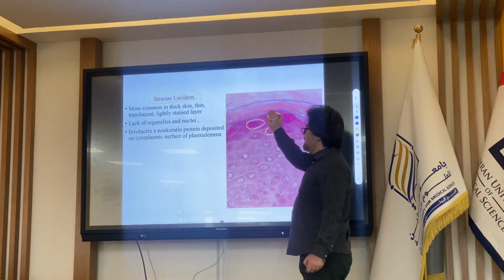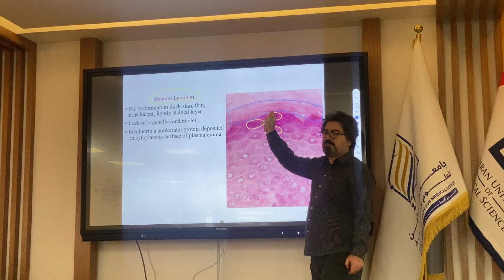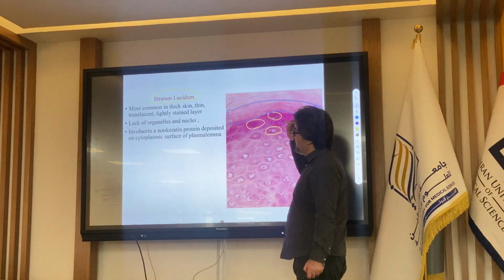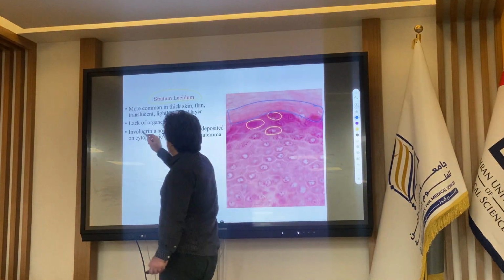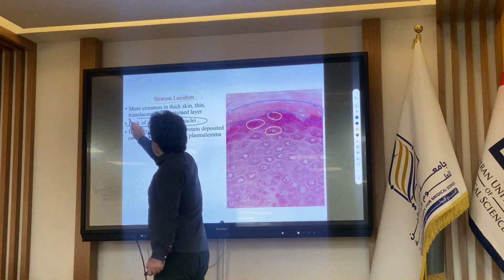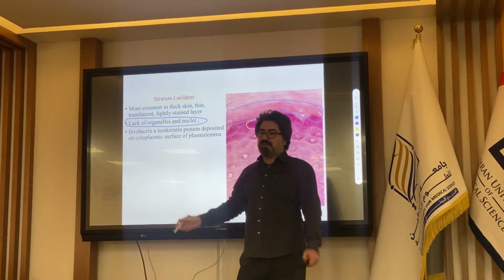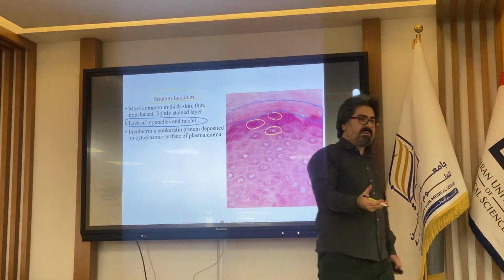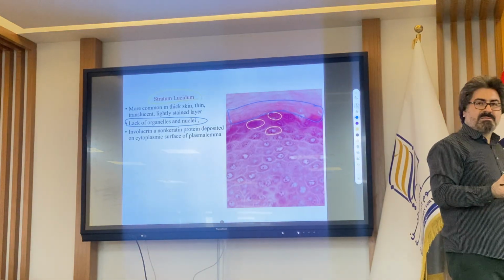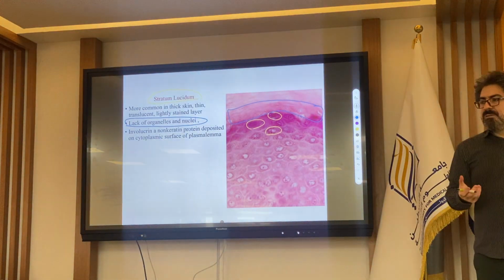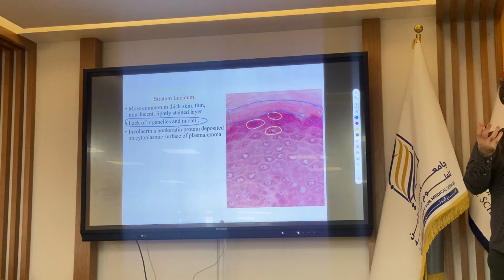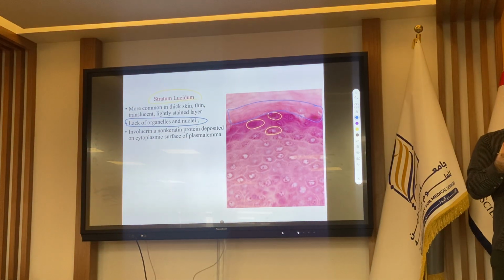Is there any nuclei here? No, there is not any nucleus within the cells, and no organelles. So this is an important point. These cells lack organelles and nuclei. So in fact, these are dead cells. And the cells are dead and are filled by tonofilaments.